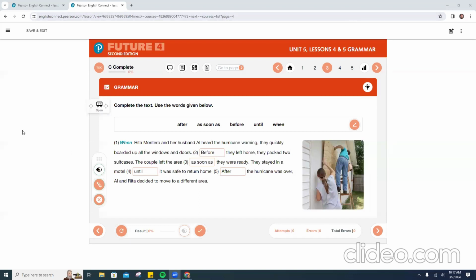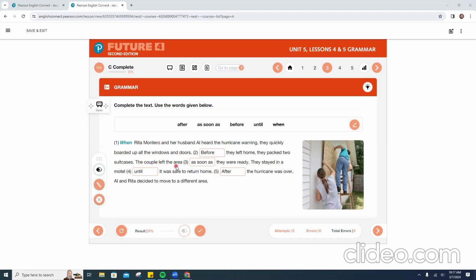Okay, so let's go ahead and check our answers. So when Rita Montero and her husband Al heard the hurricane warning, they quickly boarded up. So you could see here, boarded up. That means to cover all the windows and doors. Number 2, before they left home, they packed 2 suitcases.